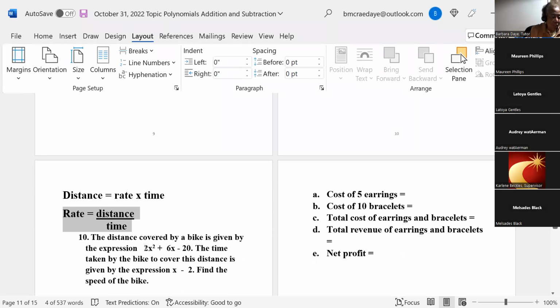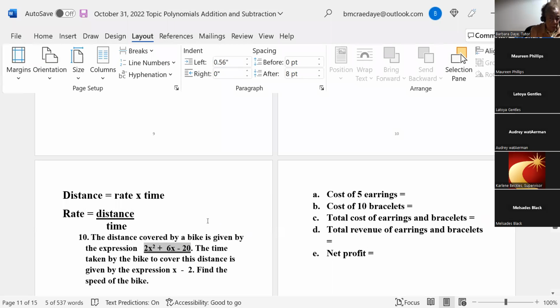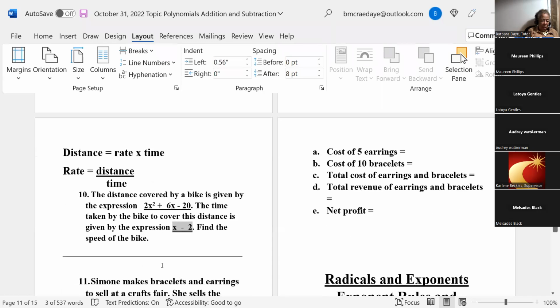Okay, so here's the distance. And there's the time, x minus 2. So you know the distance, you know the time, you want to find the rate. So put that together in a division and let's see what you get.